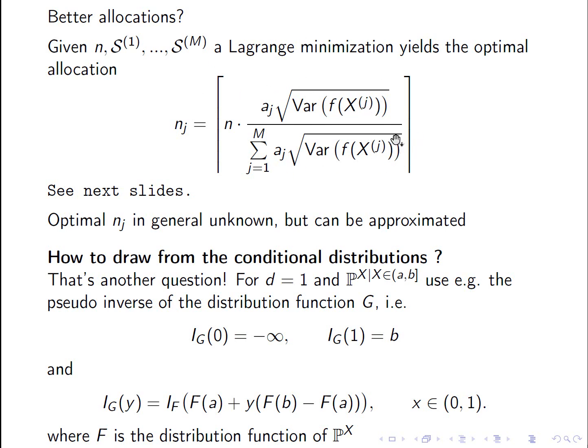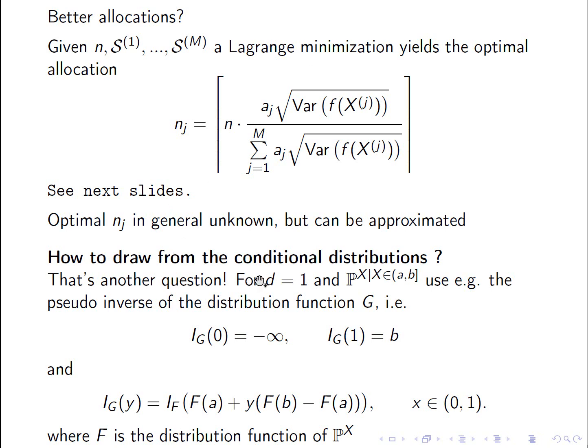So these are the theoretically optimal expressions, but well, again, as in control variates, we can approximate these variances here by another Monte Carlo procedure. Okay, so these are the optimal allocations, and I will do this Lagrange minimization procedure on the next slides. So how to sample from the conditional distribution? Well, that's another question.